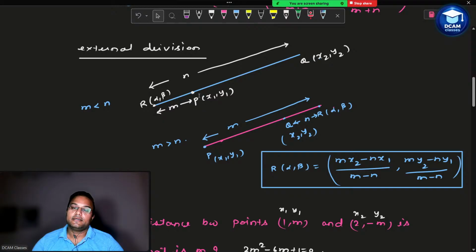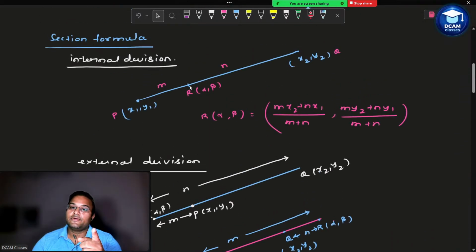The point R can divide the line joining PQ externally also. External division means R divides the whole line PQ from the outside in the ratio m is to n, that is, the distance of R from P is m and the distance of R from Q is n.